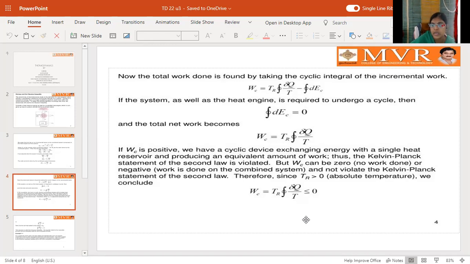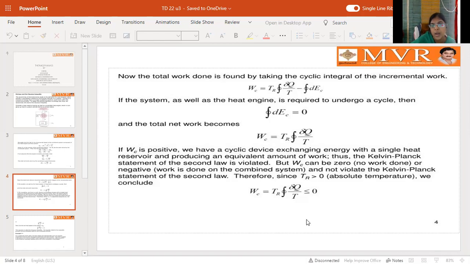You have to remember this according to the Clausius inequality. Only 0 and negative values are possible if it does not violate the Kelvin Planck statement of the second law of thermodynamics. If our combined work done is positive, it violates the Kelvin Planck statement of the second law of thermodynamics.